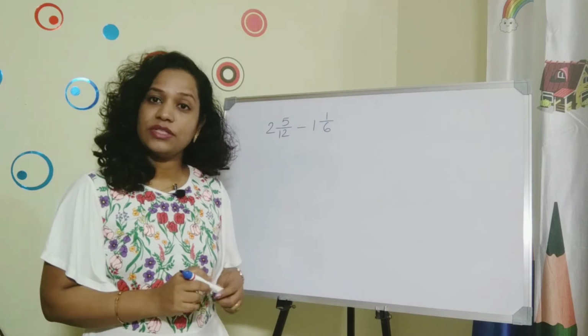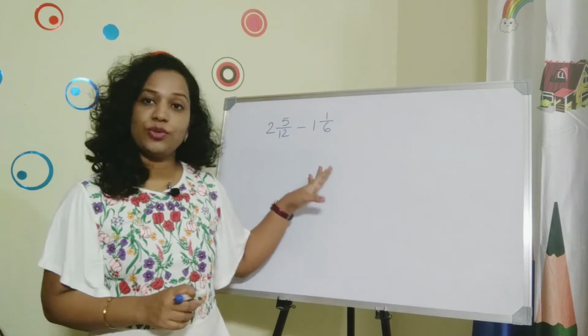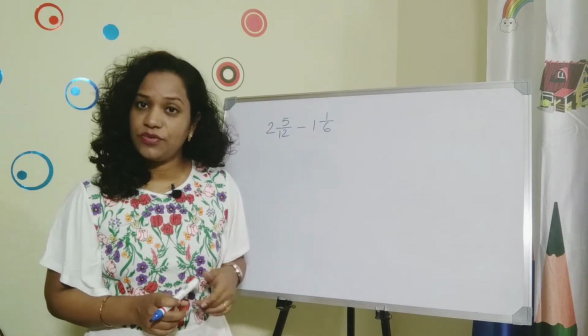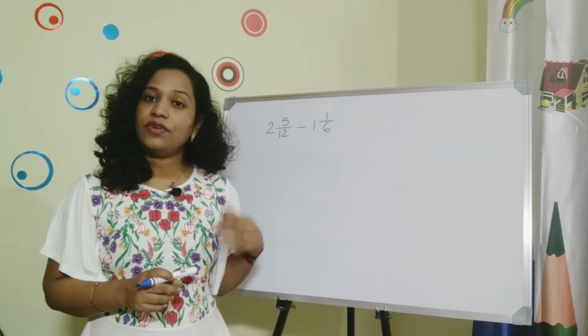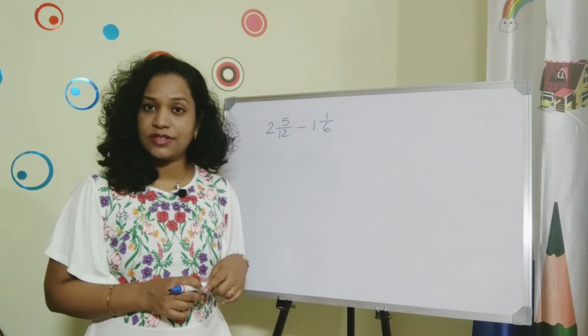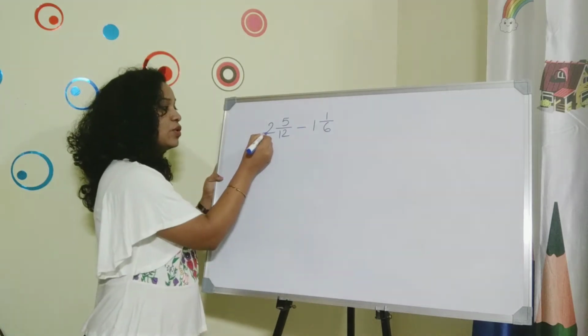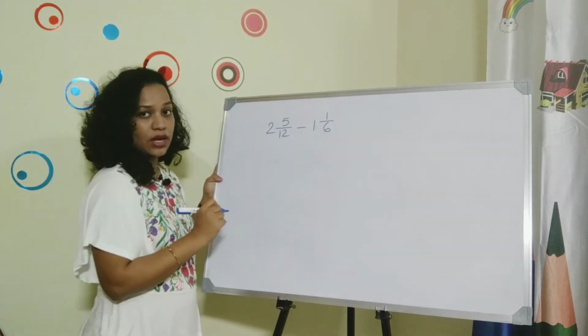Now let's try to subtract mixed numerals or mixed fractions. So the first step what we have to do is convert them to improper fractions. So here what must we do? 2 into 12 we have to do.